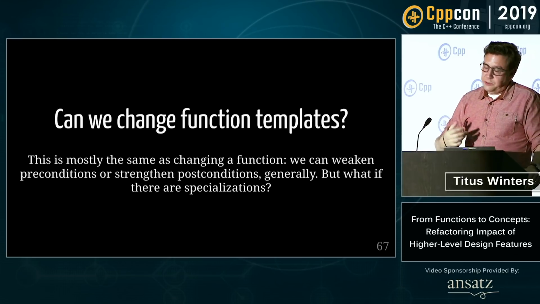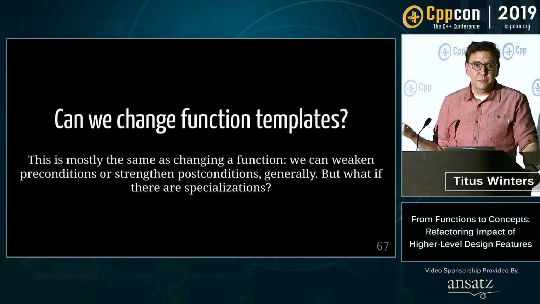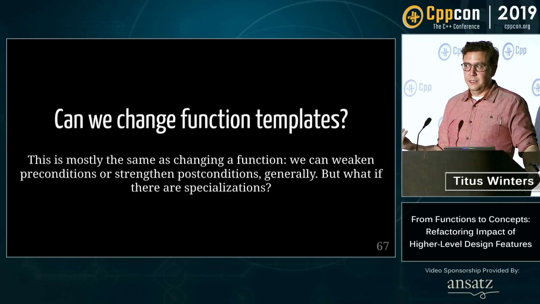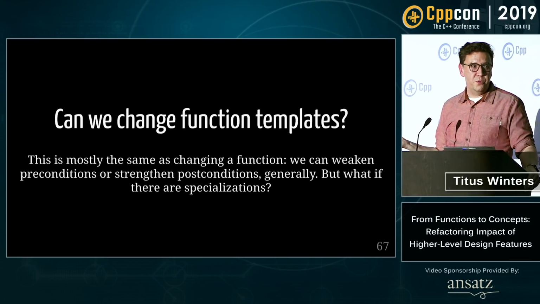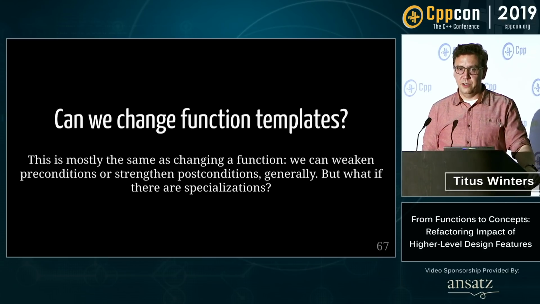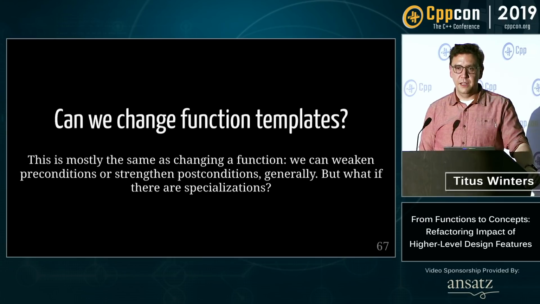And you see a sort of similar thing with function templates, much like virtual functions. You can weaken preconditions or strengthen postconditions unless there are specializations, right? And depending on how many user-provided types get rinsed through the body of your function template, it is entirely possible for all of the implementation details of your function template to be exactly necessary, right?